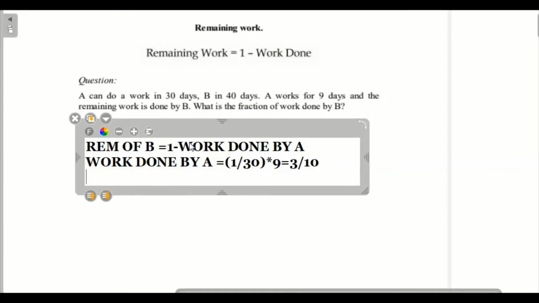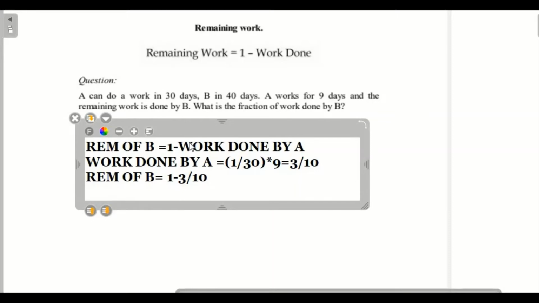Okay, so we have to find the remaining work done by B. So remaining of B equal to 1 minus 3 by 10.